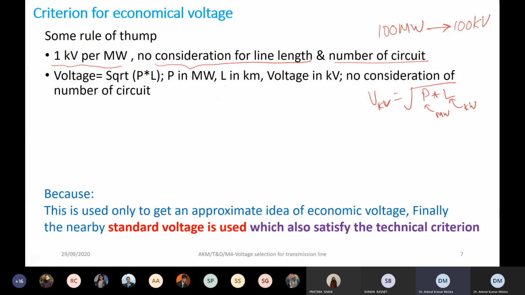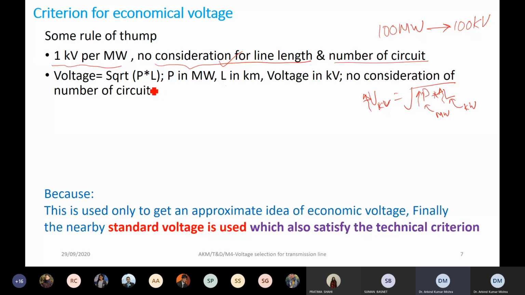The first method, since it only depends on P, says that the economical voltage will increase as the power to be transmitted increases. The second method says that if either the power to be transmitted or the length to be transmitted is increasing, the economical voltage is also increasing.